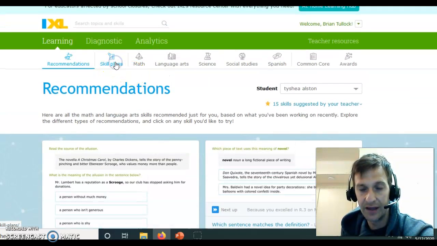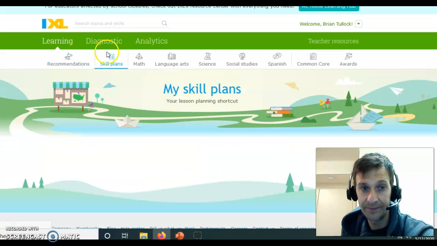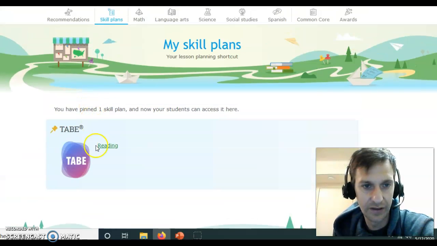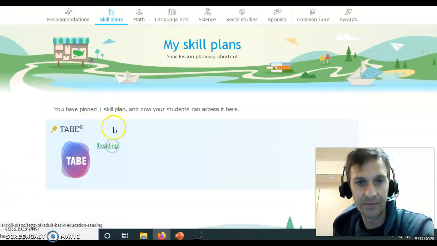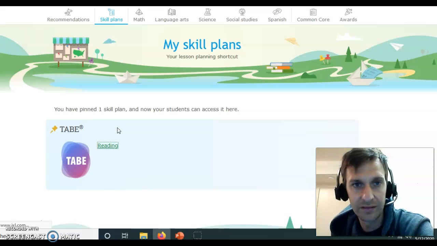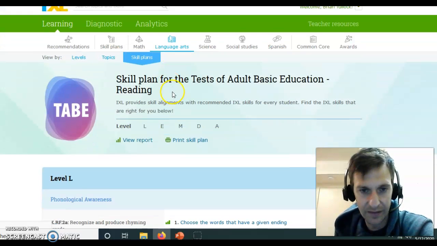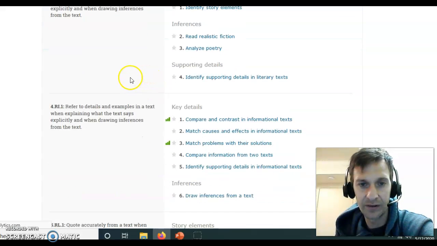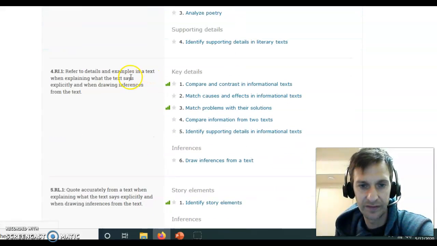But if you want to take the long way around, you go to skill plans and TABE reading. We're going to go to M or D, and we are going to find author's purpose.